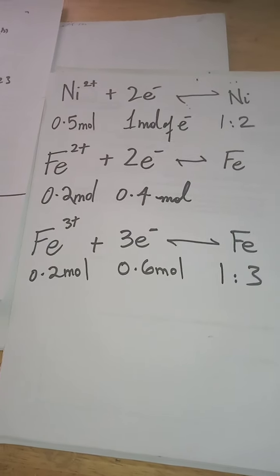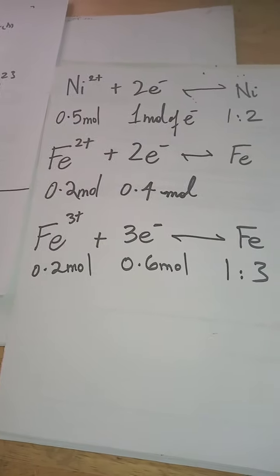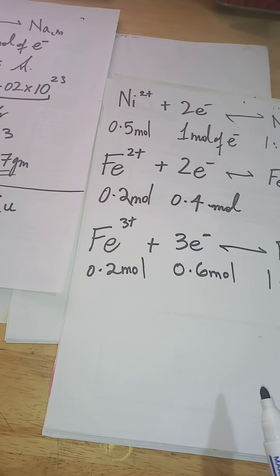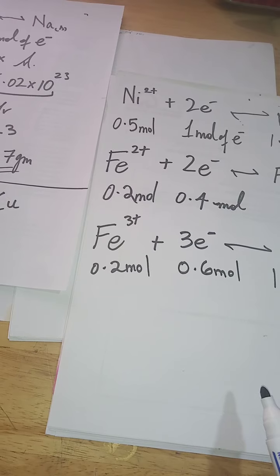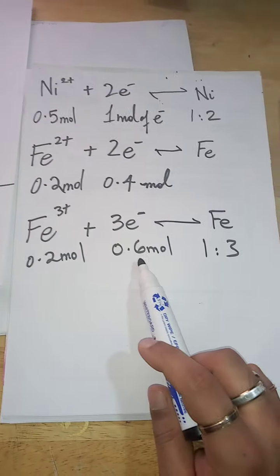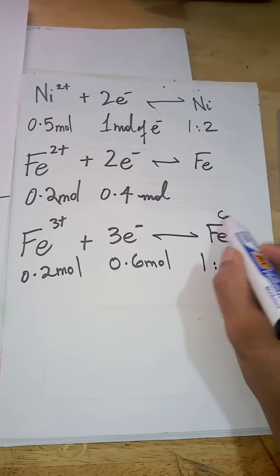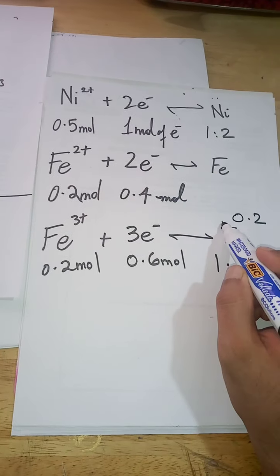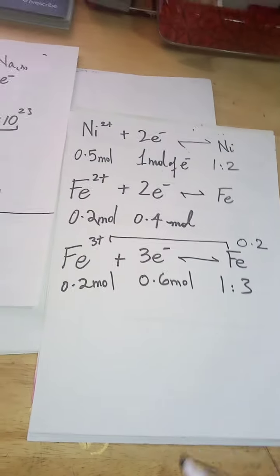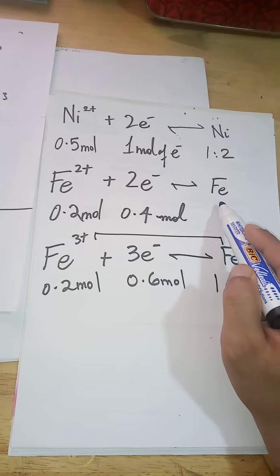So what would happen is this would be 0.2, this would be 0.6, but this would be 0.2 because the ratio is equimolar here. And this would be 0.2 as well.